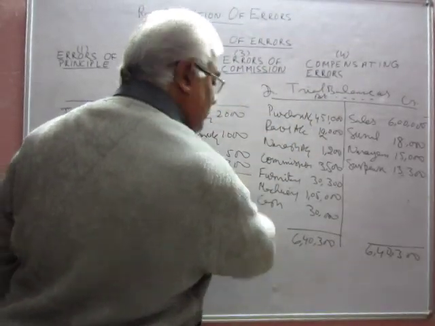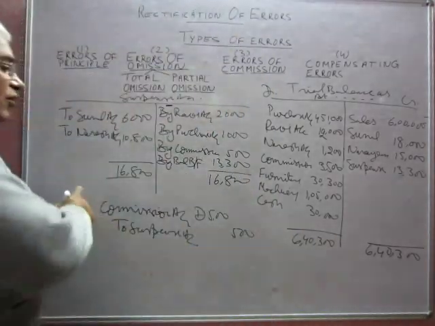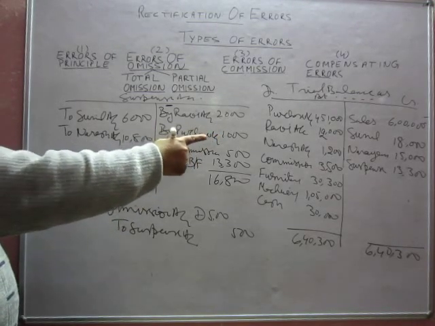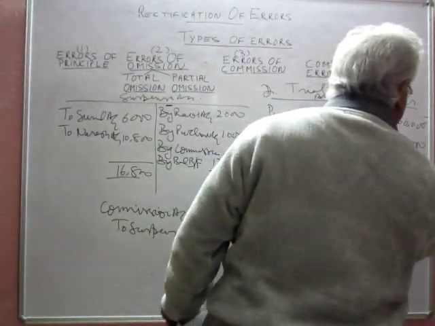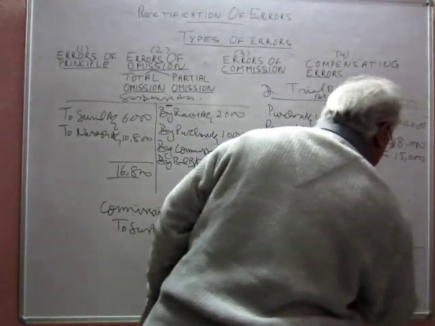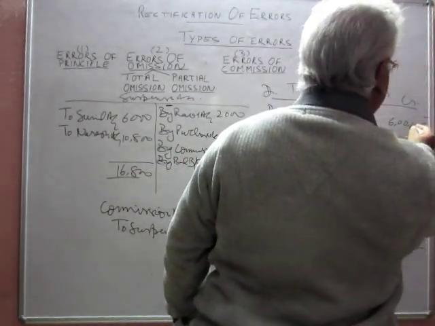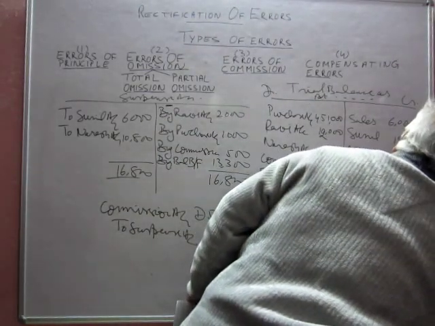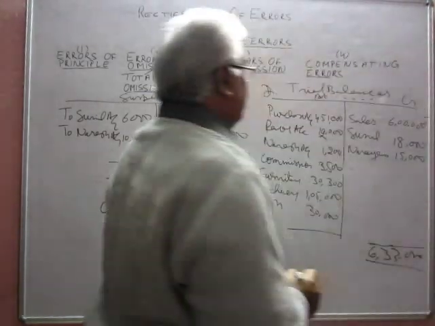So that means your trial balance will now tally because all those errors which resulted in a difference of 13,300 have been rectified. So we will remove suspense account from here and we will see whether our trial balance tallies or not. Let us check out. This side's total is how much? This total is 6,33,000.